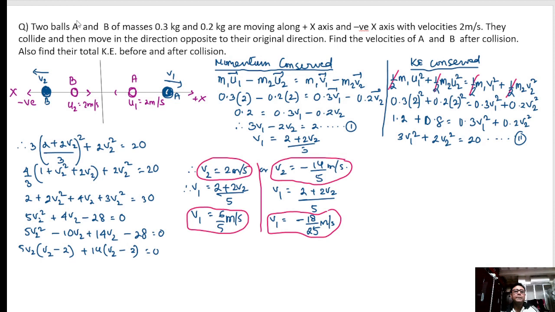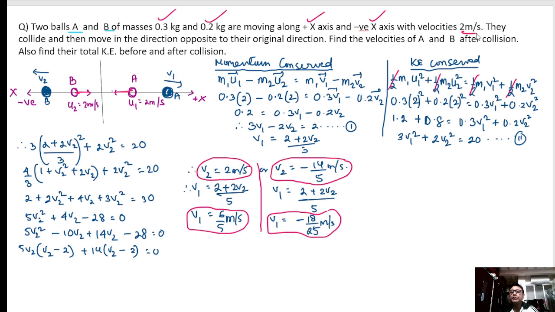Next sum, let's see. Two balls A and B of masses this and this are moving along positive and negative x-axis. Okay, so one is moving along the positive x-axis here, and one is moving along the negative x-axis.